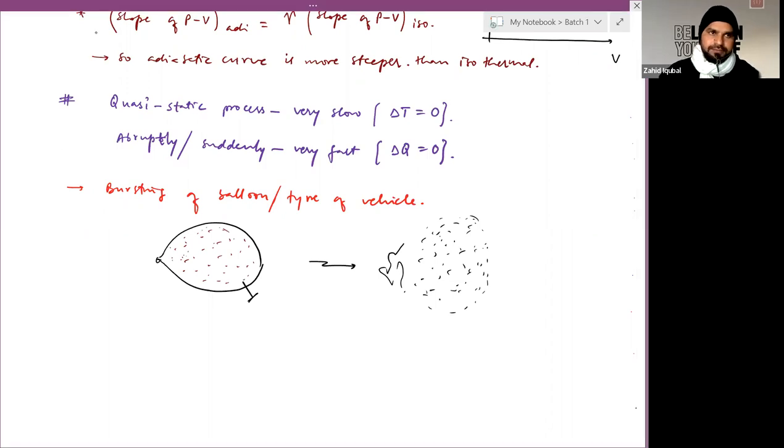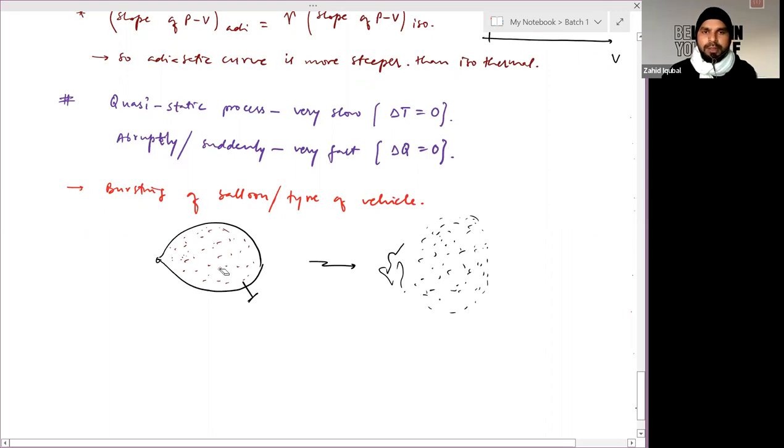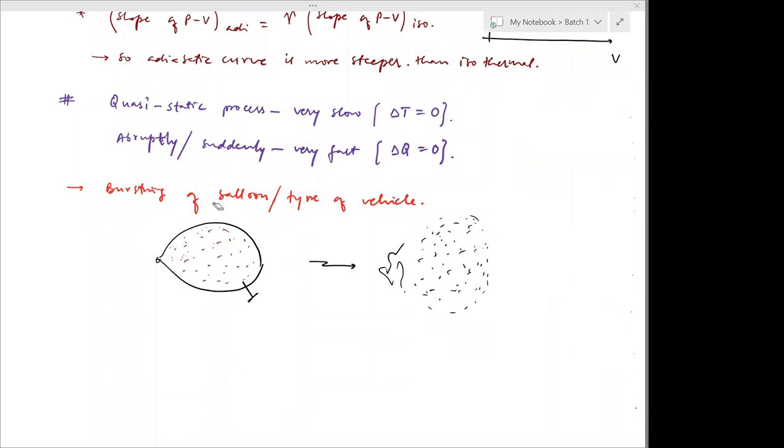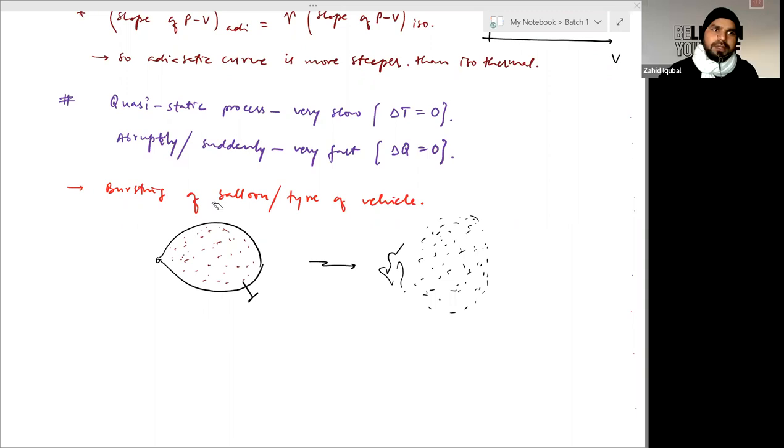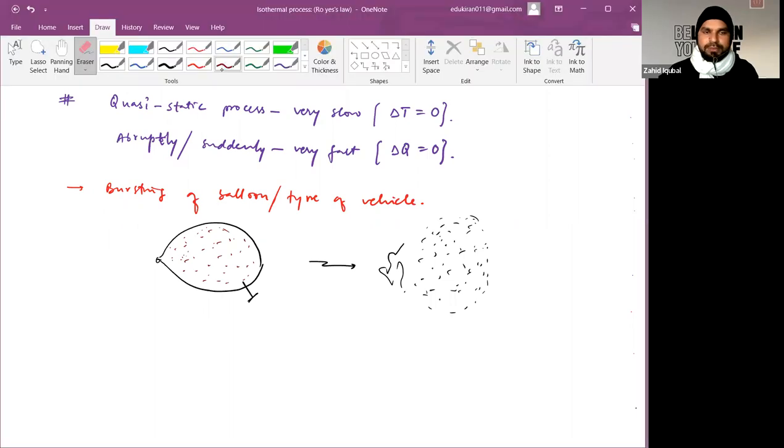Let me just explain. In the first part, suppose you are blowing up this balloon. Will any external agency be required to blow up this balloon, or will it blow up on its own? External agency is required. Good. So to blow up this balloon, an external agency is required.